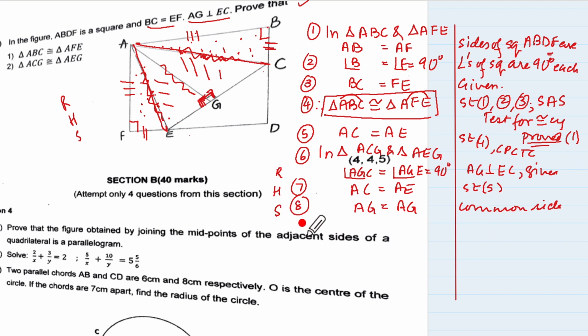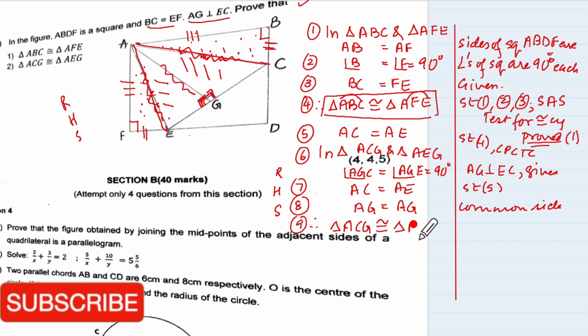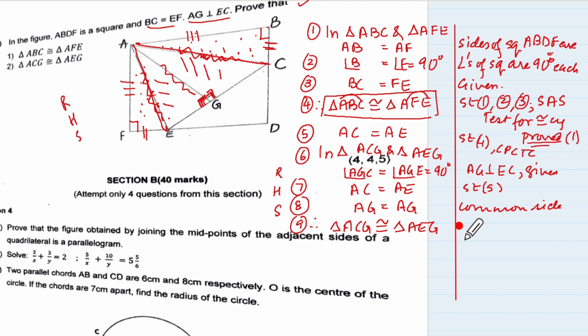So what is it? The next statement, therefore triangle ACG is congruent to triangle AEG by statement 6, 7, 8, and we say by RHS test for congruency.